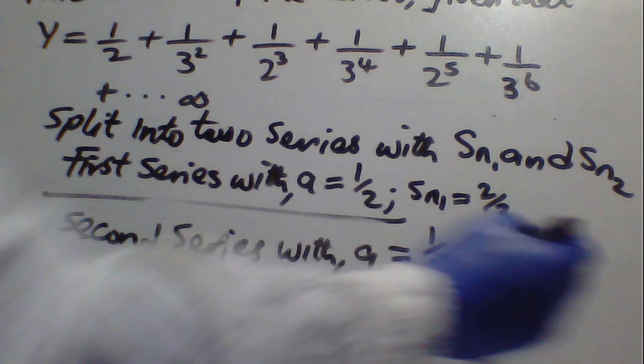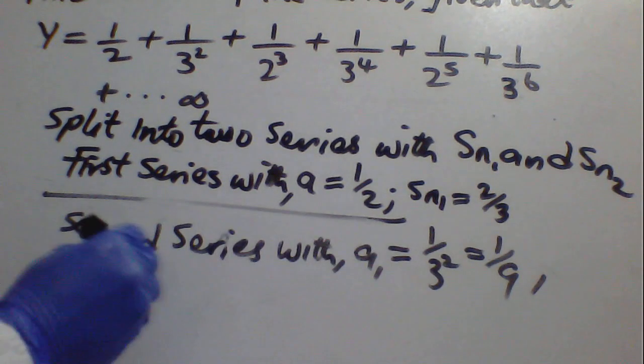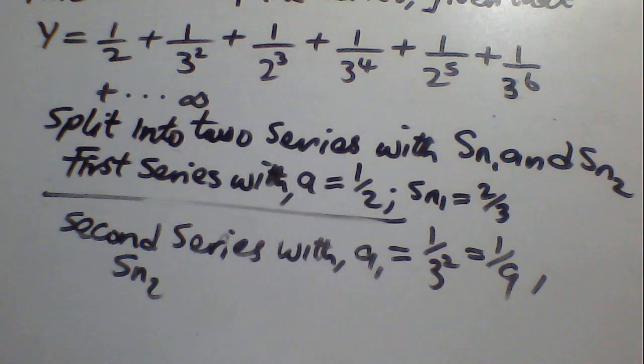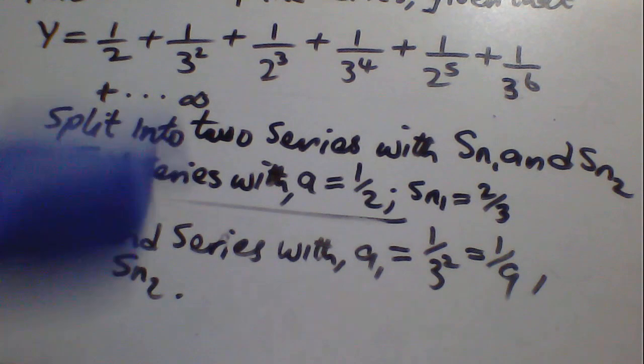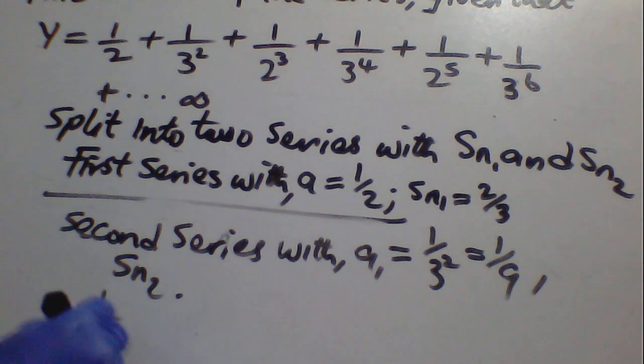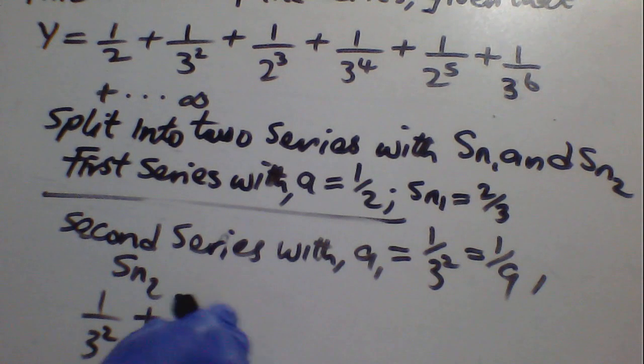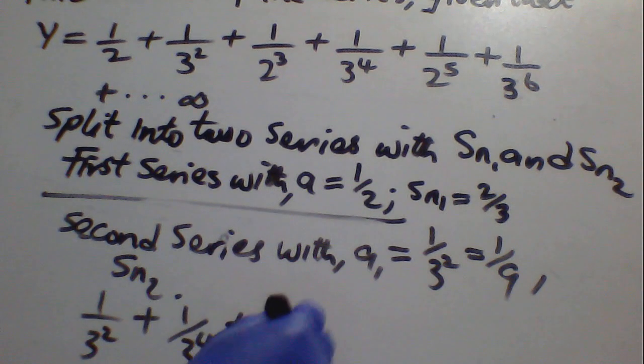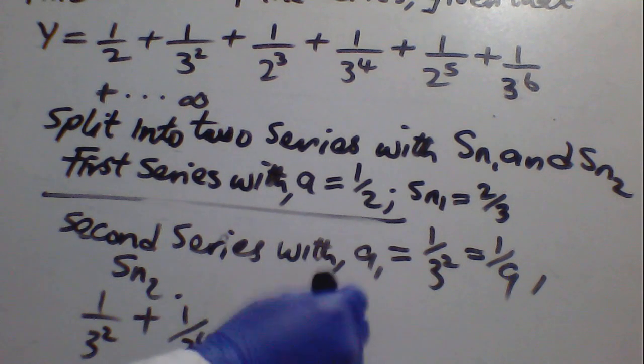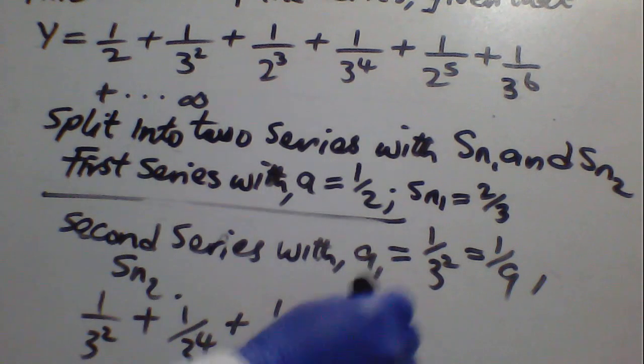So we can call its sum Sn2. We can now list it. In this case, we have 1 over 3 raised to the power 2 plus 1 over 3 raised to the power 4 plus 1 over 3 raised to the power 6. And this continues to infinity.